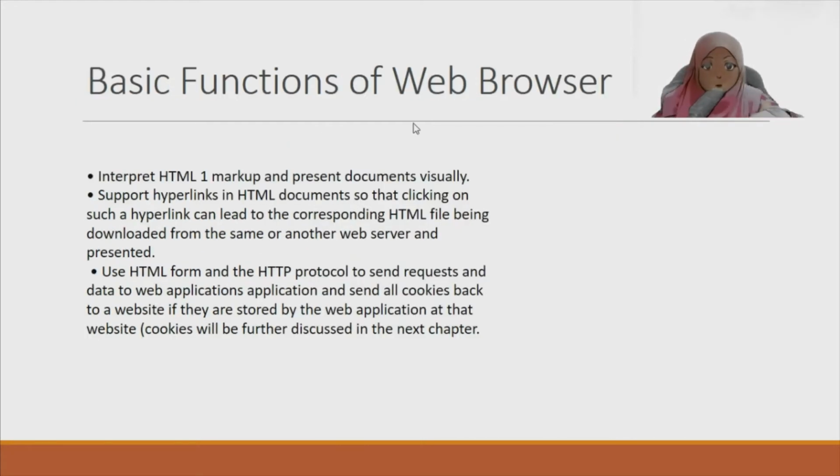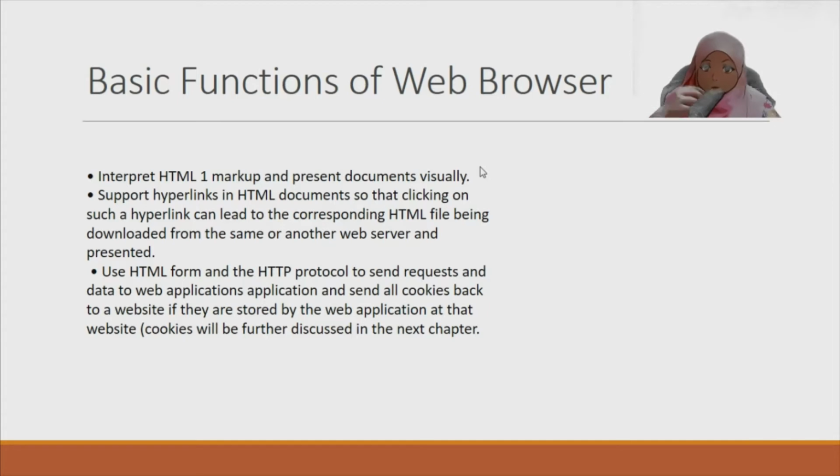And then this part is the basic function of web browsers. We try to find resources on websites or the internet using web browsers. The main function of web browsers is to interpret the HTML markup and present the document visually.